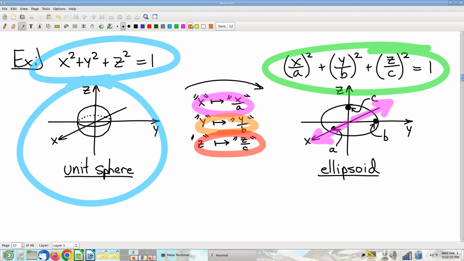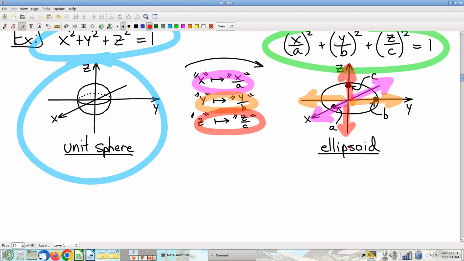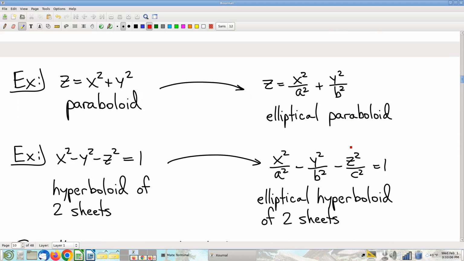And then likewise, we're going to stretch by a factor of b in the y direction, and we're going to stretch by a factor of c in the z direction. Okay, so nice punchline then. Because we understand how algebraic adjustments cause geometric adjustments, I know now what this equation represents, and it represents an ellipsoid. By the way, a little terminology to make sure you know: this is an ellipsoid because this is kind of a 3D version of an ellipse, if you will. Okay. All right. Analogously, a couple more examples.